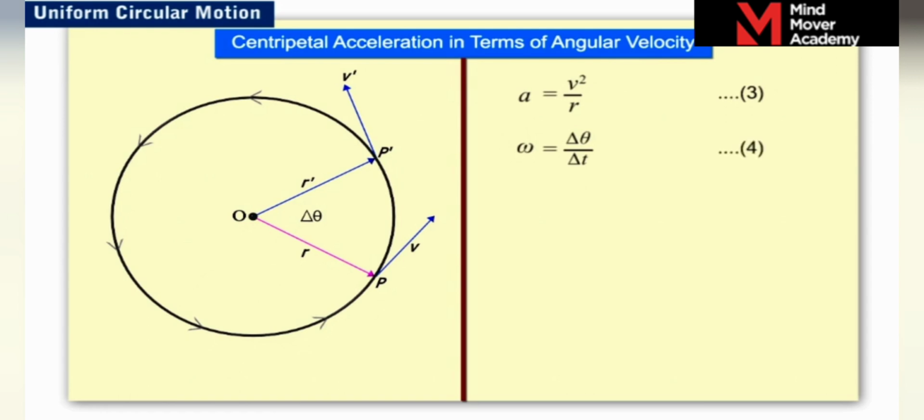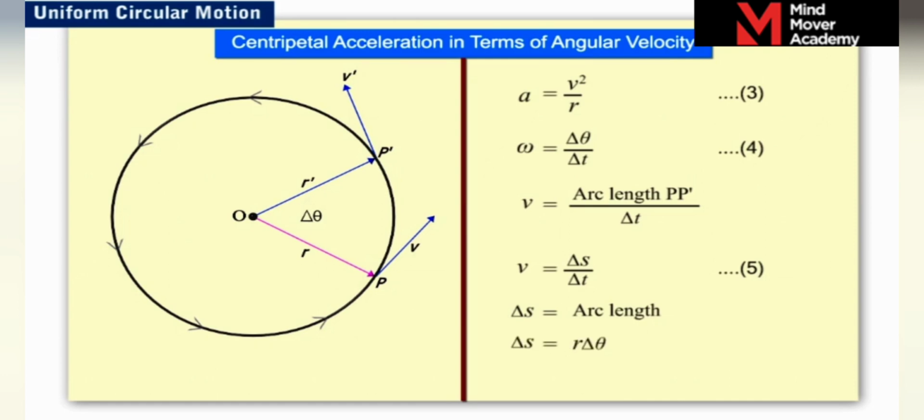Let this be equation 4. v is equal to arc length PP dash by delta t, which is equal to delta s by delta t. Let this be equation 5. Delta s is the arc length, which is r delta theta. Let this be equation 6.